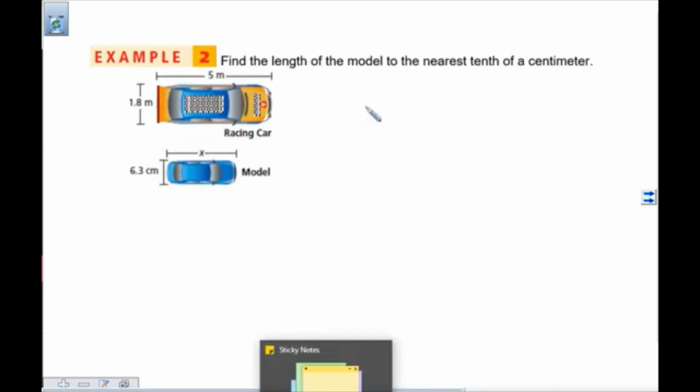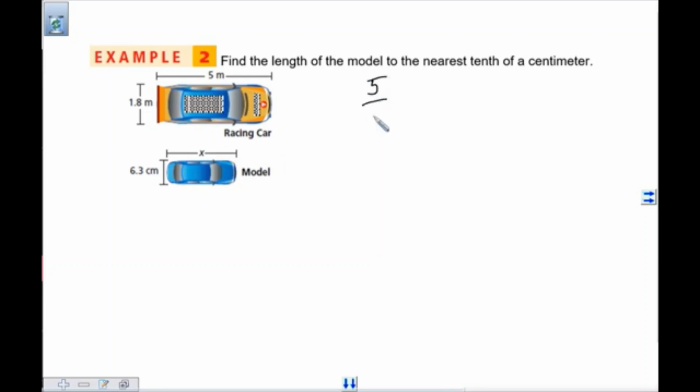Next up, we want to find the length of the model to the nearest tenth of a centimeter. So we need to set up a proportion, because that's what we've been dealing with today. So we have 5 over x, because those are both the lengths of the car, equals 1.8 over 6.3, because those are both the widths of the car.